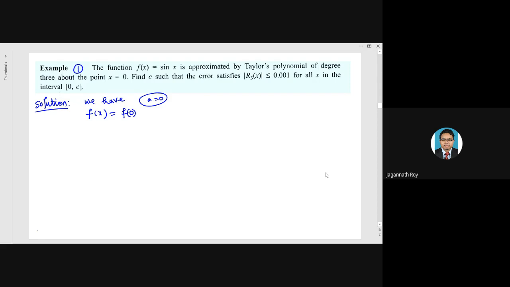In fact, if you write it in terms of an f(b) type formula, f(x) = f(0) + x f'(0) + x squared by 2 factorial f''(0) + x cubed by 3 factorial into f'''(0) + R3(x).